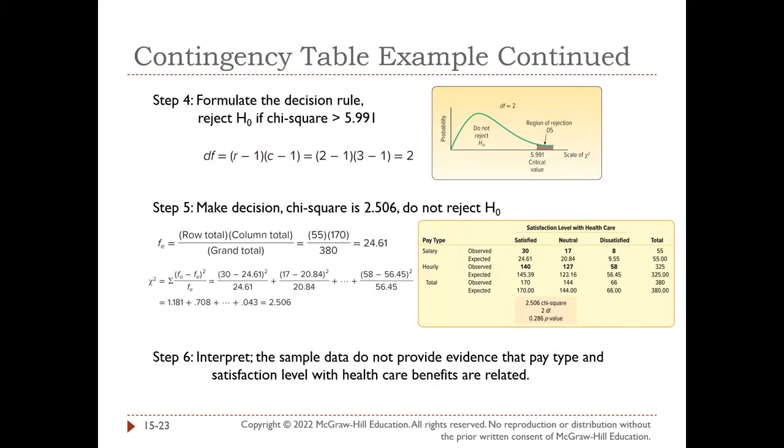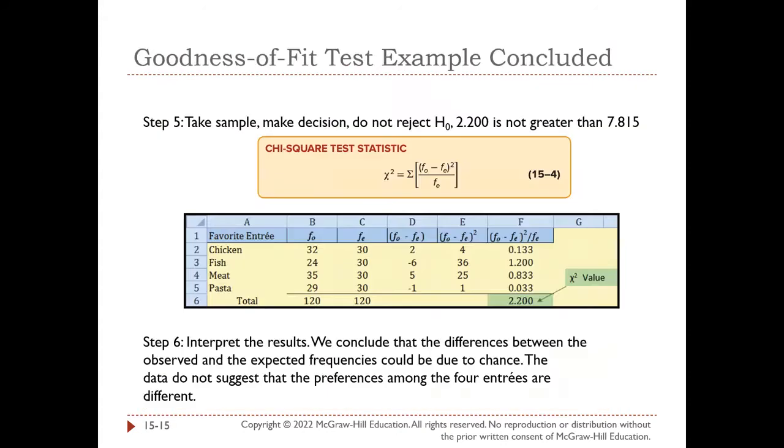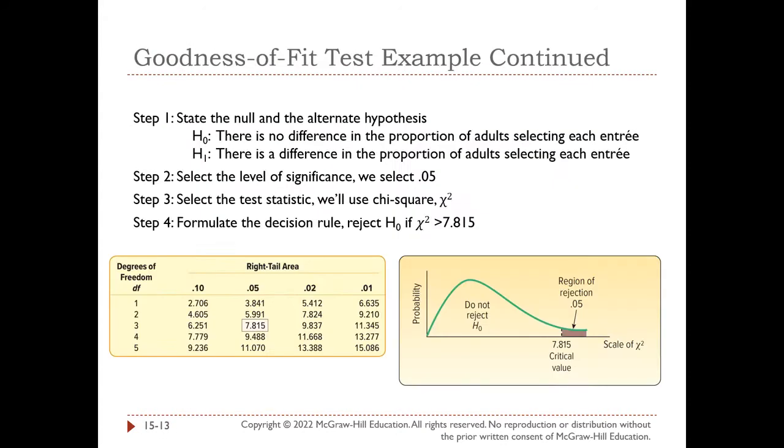So, 2 minus 1 times 3 minus 1 equals 2. So, again, using our chart, I think they had the chart all the way over here. At 0.05 and 2 degrees of freedom, that's where they got the 5.991. It's just right there.